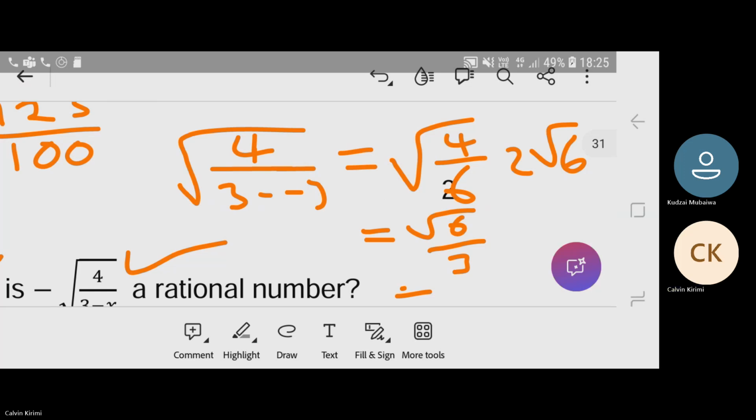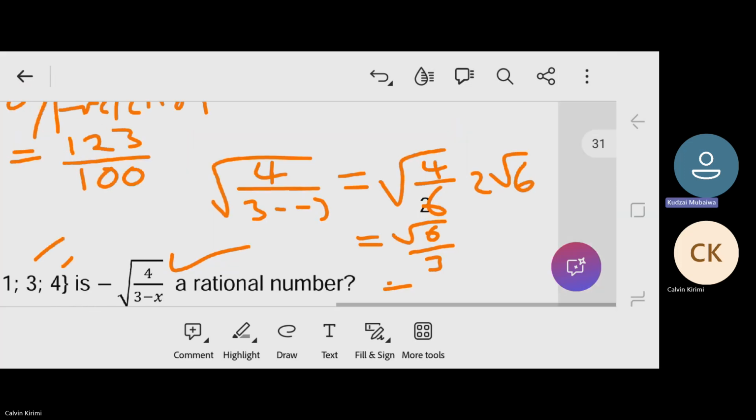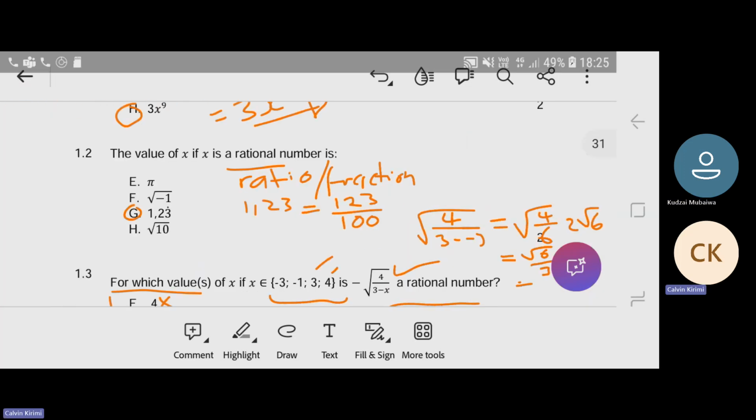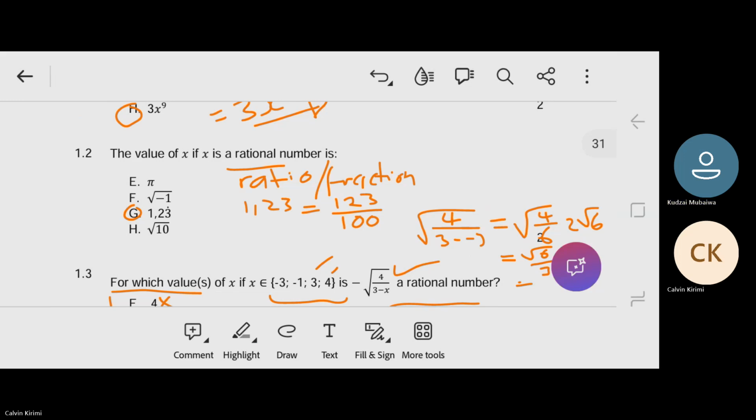Square root of 6 is what? Are you having a calculator?